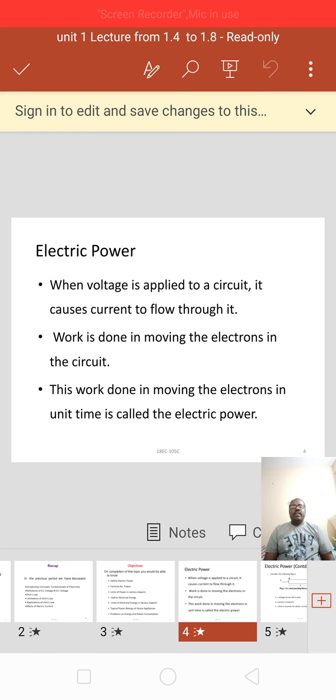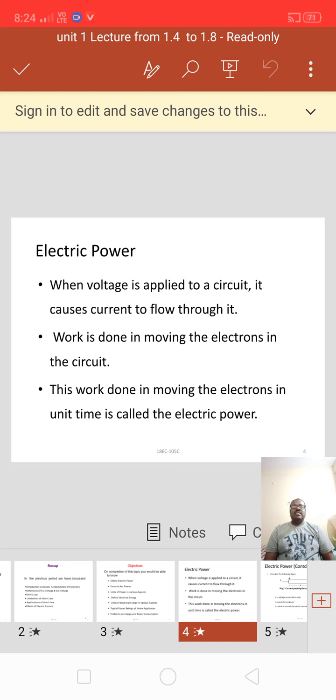See, we are taking a circuit and applying a voltage, that is, a battery which provides voltage to this circuit. It causes current to flow through this circuit. Work is done in moving the electrons in this circuit.